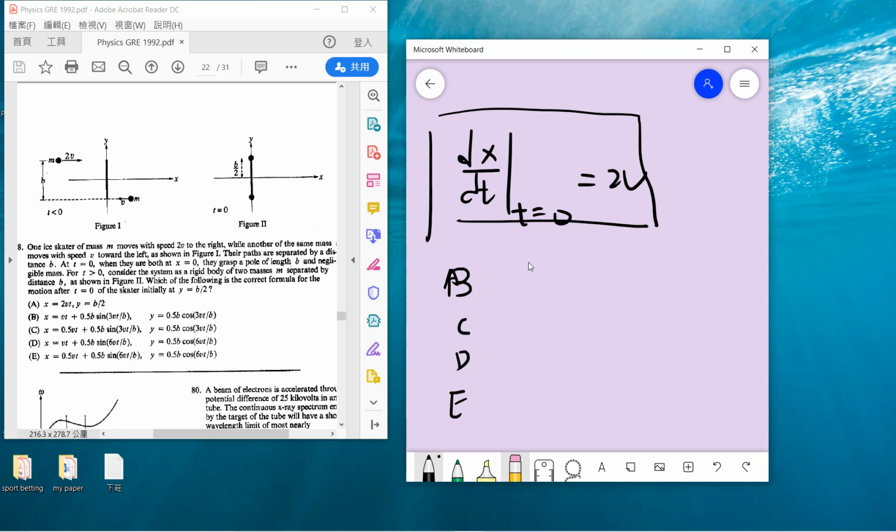Okay, so for B, dx/dt is equal to v plus b over 3v times cosine of 3vt over b. And C is similar.